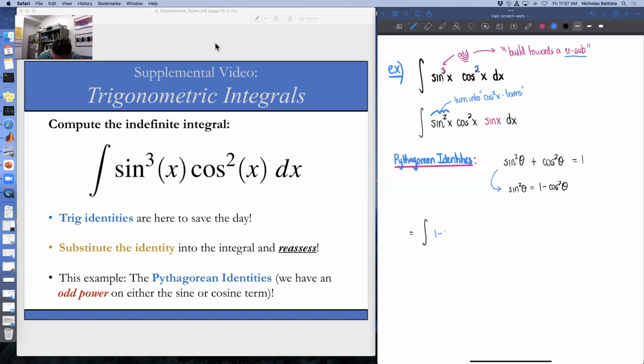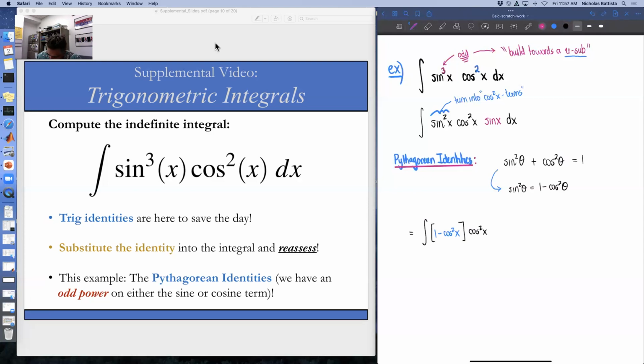So we have 1 minus cosine squared being substituted into our integral for what was previously that sine term. We still have that same cosine squared. Oops, I need a cosine of x, not a cosine of theta. We have that same cosine squared term that was originally there in our integral.